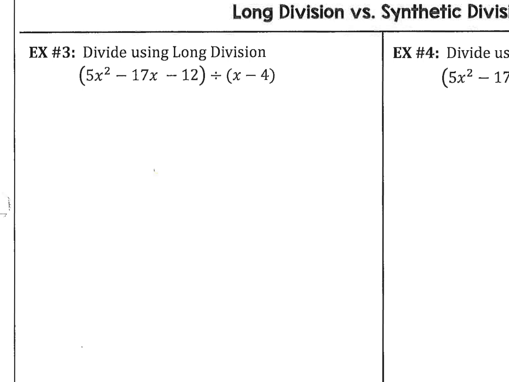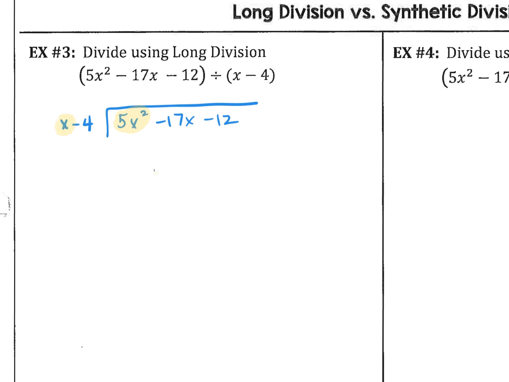So this time, we are taking 5x squared minus 17x minus 12, and that goes up underneath, doesn't it? What are we dividing by? x minus 4. So that's what goes on the outside. Now the cool thing is that we only have to do biggest divided by biggest this time. So we are going to take this biggest and divide it by that.